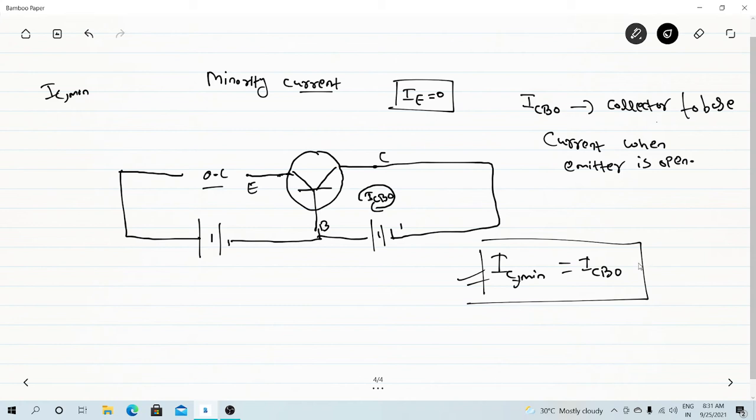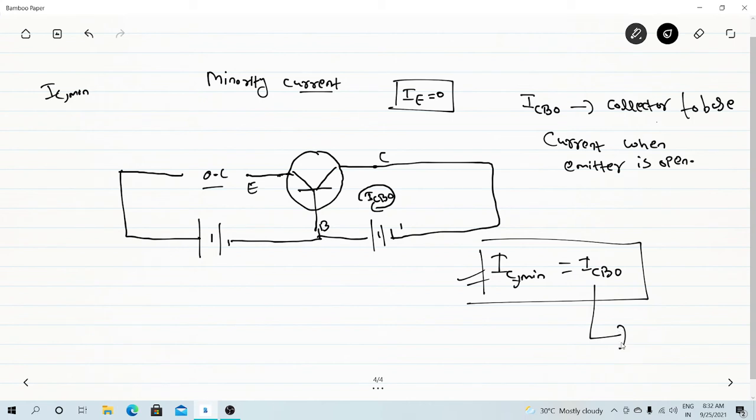You know, in PN junction diode there is a reverse current, however small it may be, and that reverse current was, let's say, I0, and that I0 is similar to this reverse current. And as you know, reverse current was a function of temperature, so this is also going to be a function of temperature.